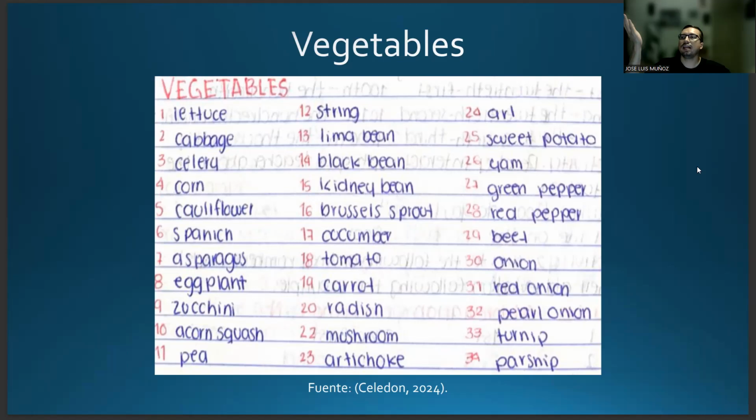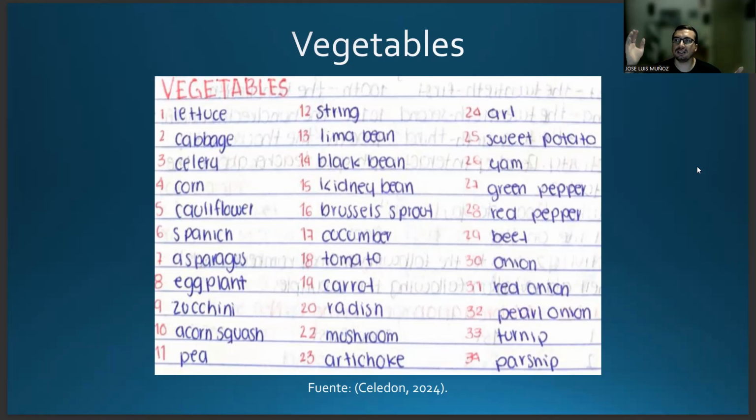Lettuce, what is the meaning of lettuce? Well, lechuga. We have cabbage, cauliflower. Well, cauliflower, it's the cauliflower. And cabbage is the other one. It's like a similar one. We have the carrot, zanahorias.